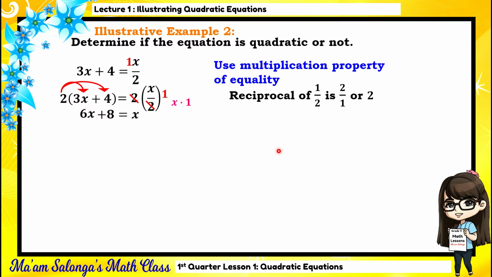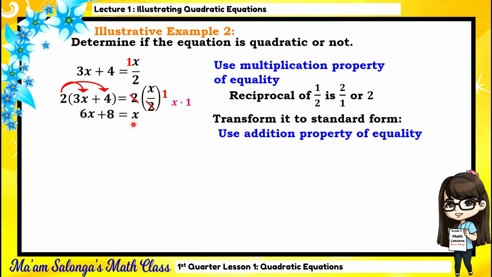Then, since the rule in standard form, kailangan ang ating right side of the equation ay naka-equate kay 0. So therefore, we need to use again addition property of equality. Ano ang i-add natin kay x para ito ay maging 0? So, syempre, ang kailangan nating i-add sa kanya ay yung additive inverse niya.